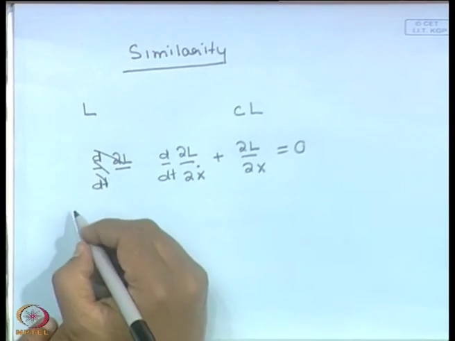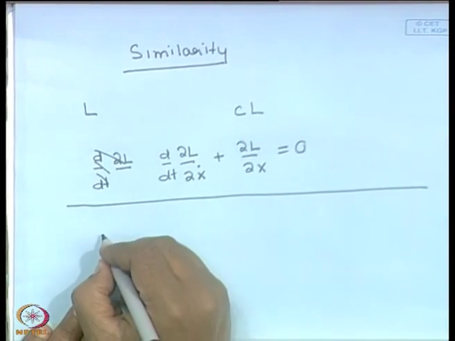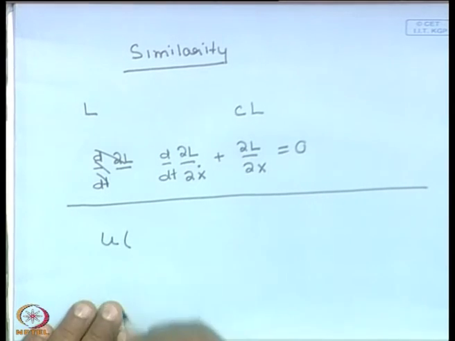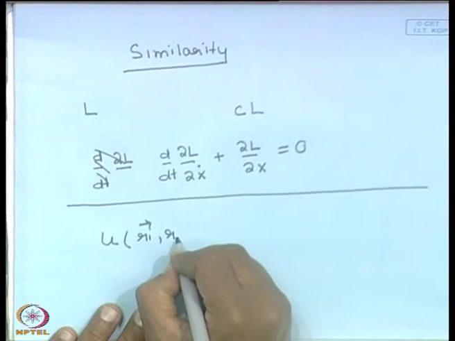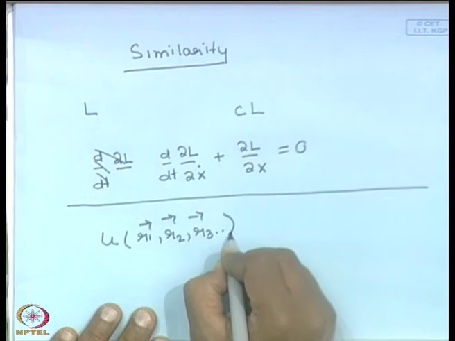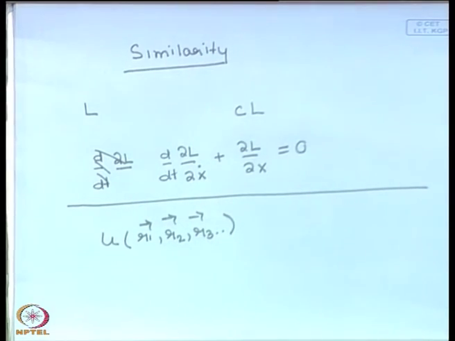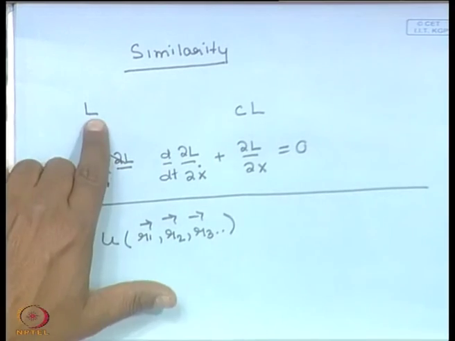Now, suppose my system, whatever system I have, has this interaction, the potential in this system, which could in principle be a function of r1 vector, r2 vector, r3 vector, etc. So I have some potential, my system has n particles, and there is some interaction between them which depends on r1, r2, r3, rn, which is there in the Lagrangian.